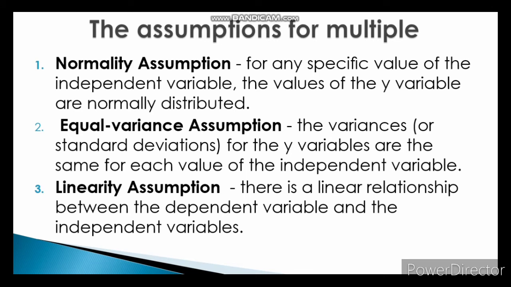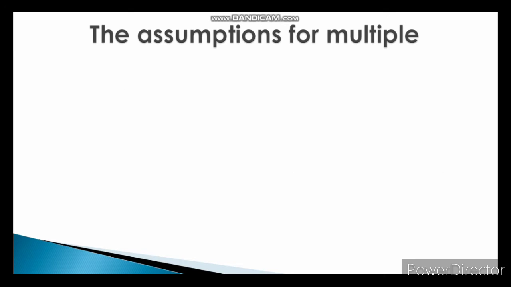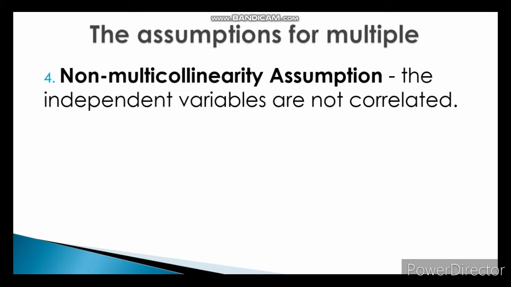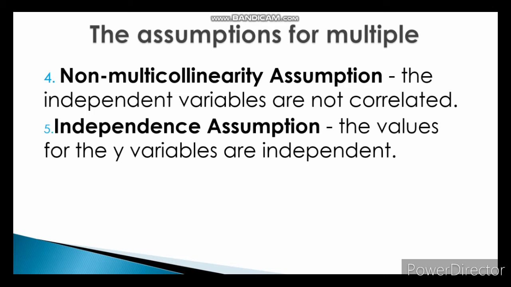Third, linearity assumption. There is a linear relationship between the dependent variable and the independent variable. Next, non-multicollinear assumption. The independent variables are not correlated. And last, independence assumption. The values for the y variables are independent.